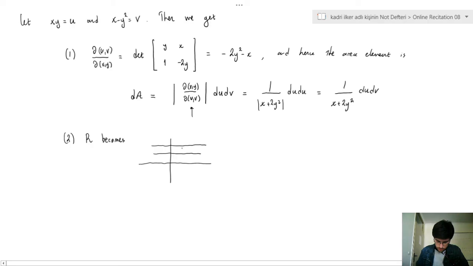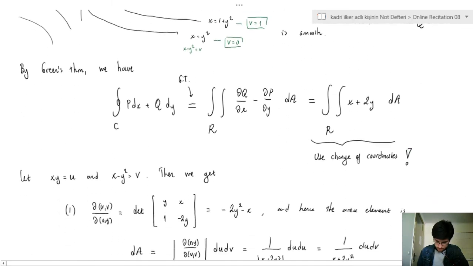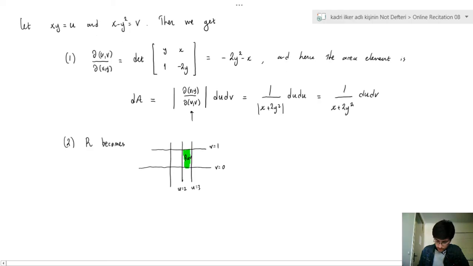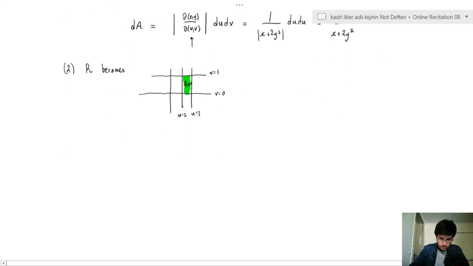Remember, v runs from v equals 1 to v equals 0. And u runs from this to this. And this rectangle here is the new region, right? So this is exactly R_UV in UV language.